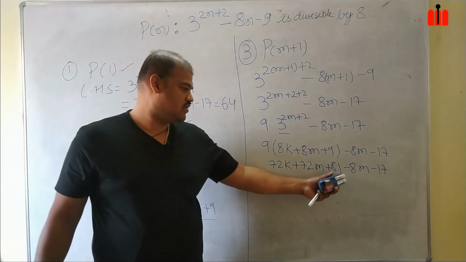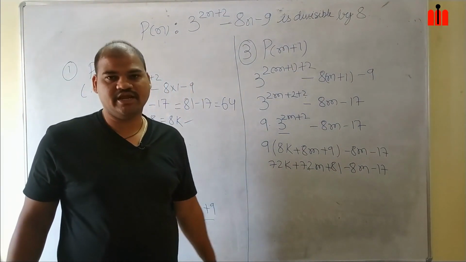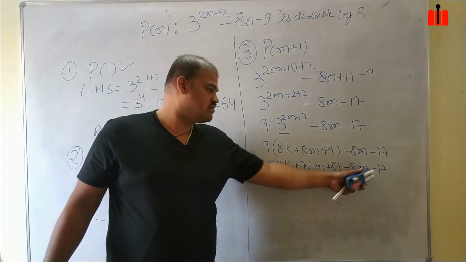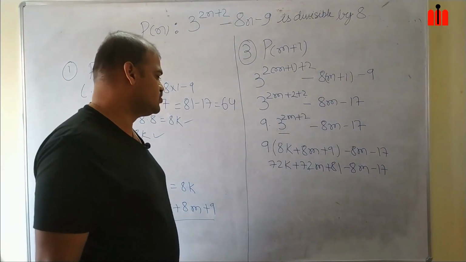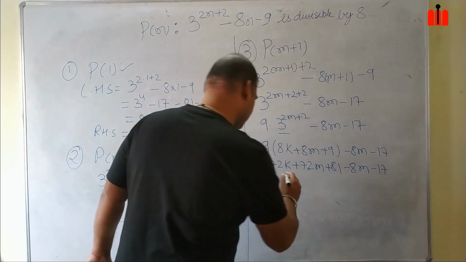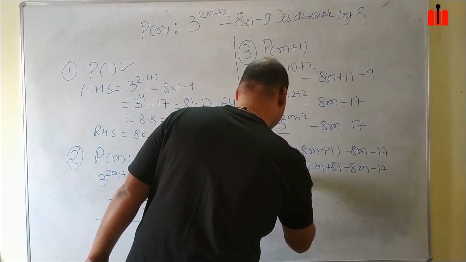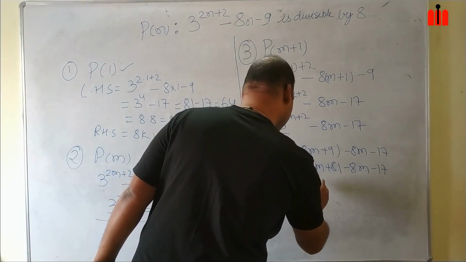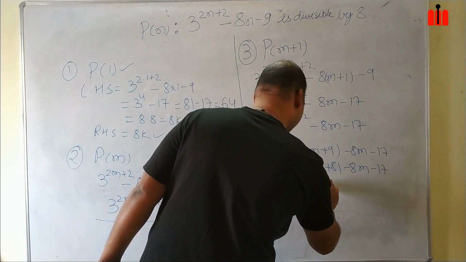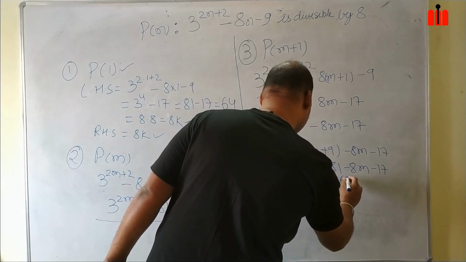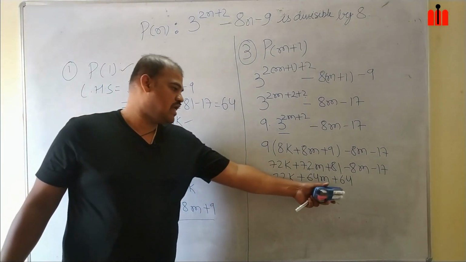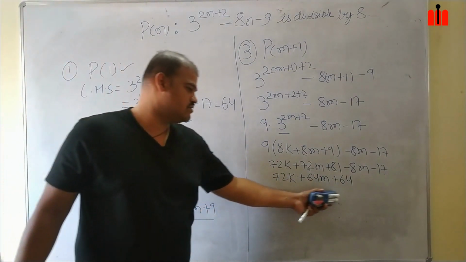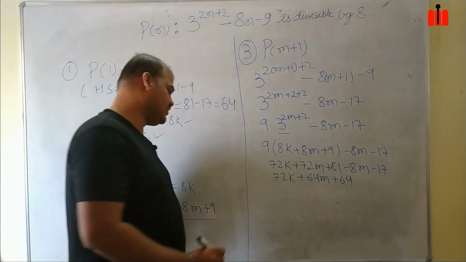Okay, now 72 minus 8, it will be 64. 81 minus 17, it will be 64. Okay, so 72k plus 64m plus 64. Okay, now 8 is common in this entire expression, so I will take 8 common.